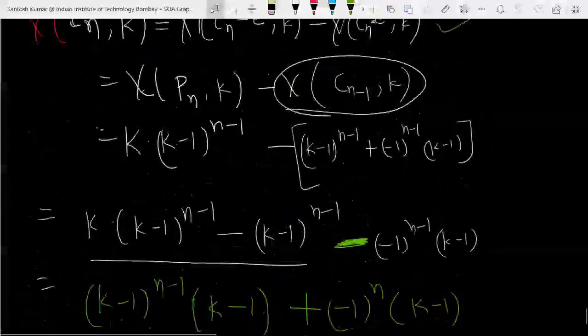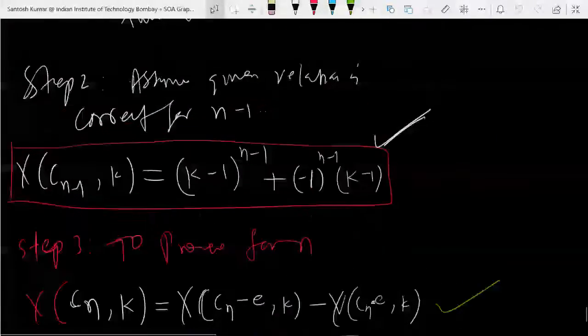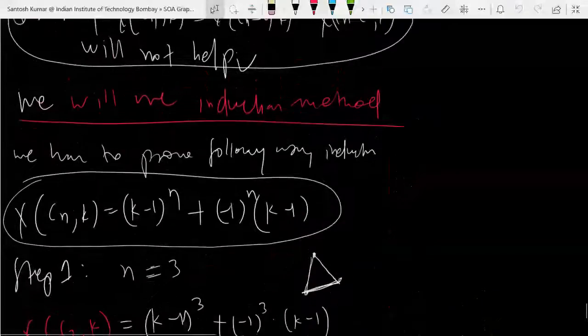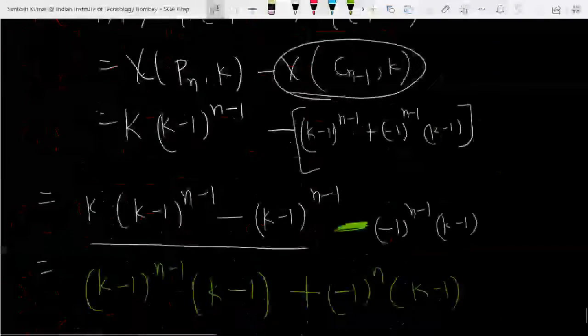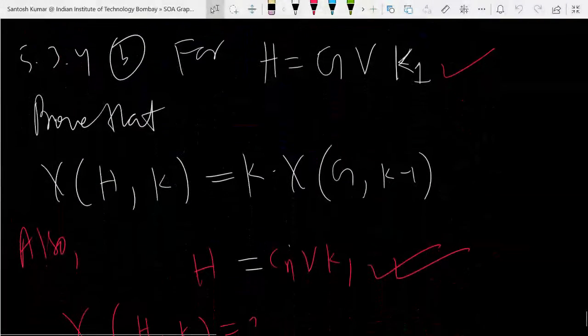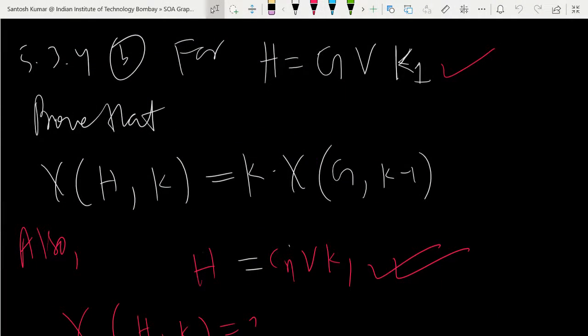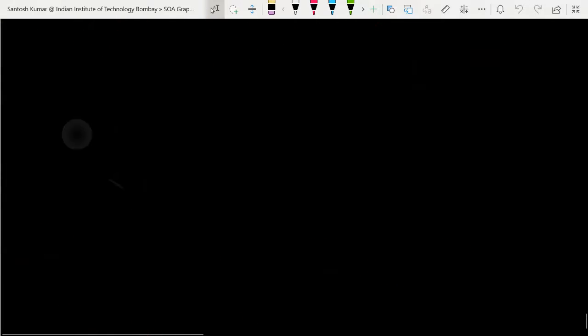So in the last class, we were solving exercise 5.3. This question was 5.3.4.